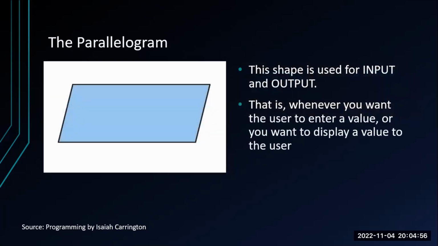And then there is the parallelogram, which is used for input and output. So whenever you want the user to enter a value or a string or anything, or you want to display that value or string to the screen or to the user, then you would use a parallelogram to display that.